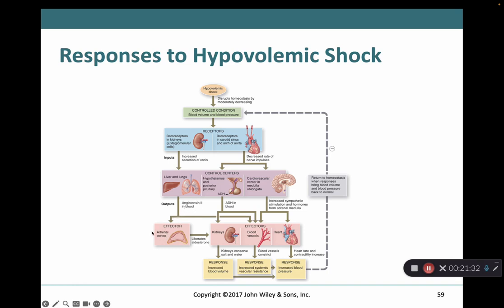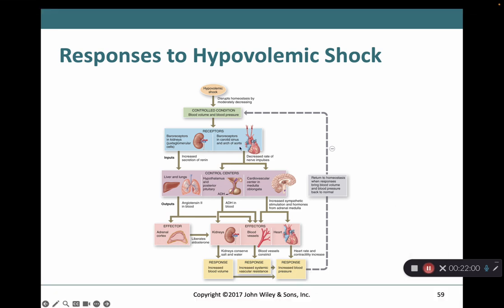This acts on the adrenal cortex to release aldosterone, which acts on the kidneys, blood vessels, and heart. So kidneys will conserve salt and water to increase our blood volume and therefore increase our blood pressure. The blood vessels will constrict to increase the vascular resistance and increase blood pressure.